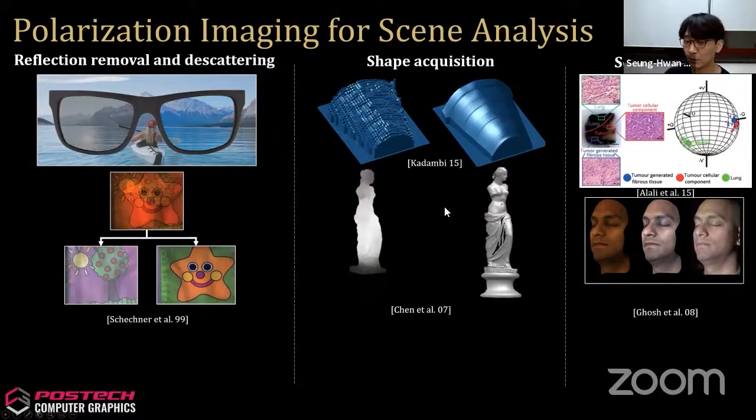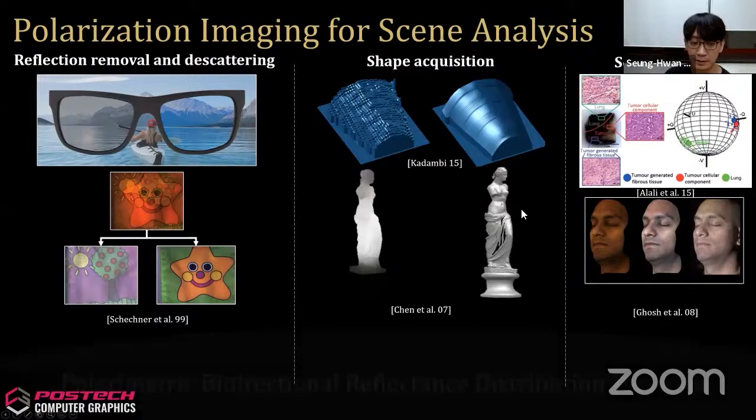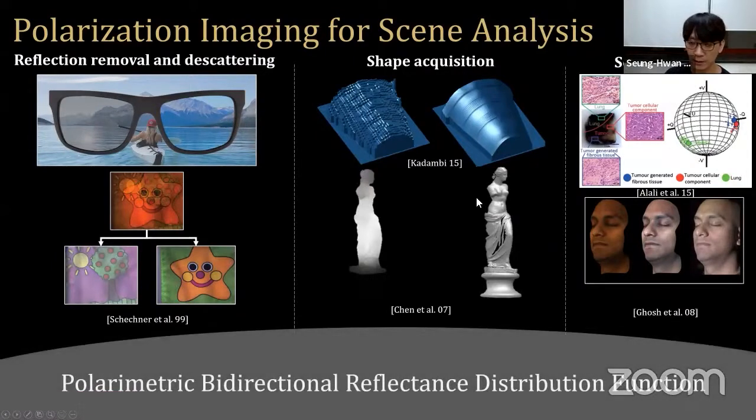For enabling all of these applications, what is fundamental is the polarimetric bidirectional reflectance distribution function, or so-called polarimetric BRDF. So let me introduce what that is.